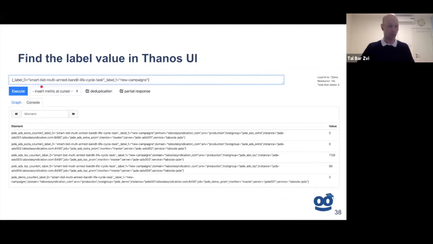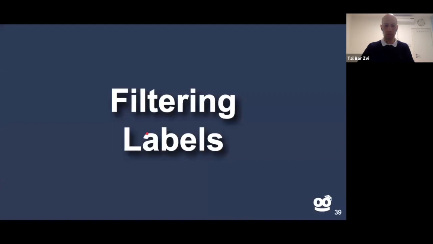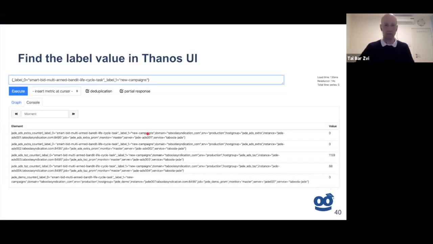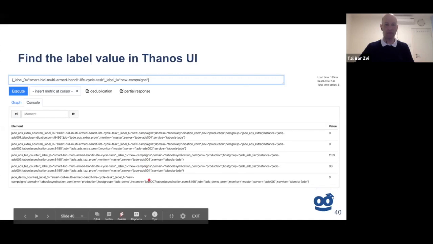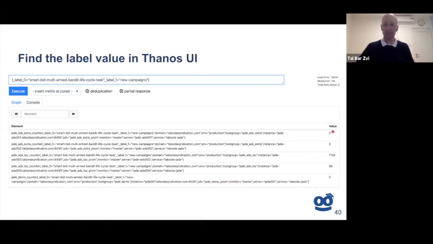So I'm showing it here in the UI. I'm opening the curly brackets like I do in JSON, the name of a label, the value, comma, another label name, another value, and I got a vector of 1, 2, 3, 4, 5 series with this instant value.